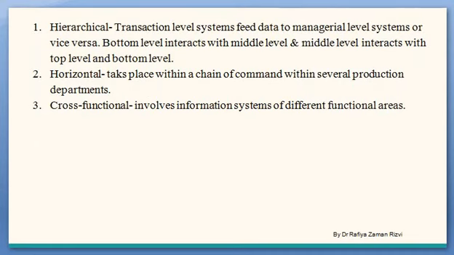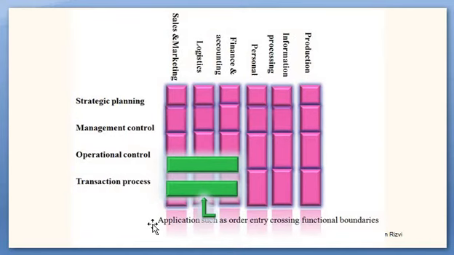Then horizontal interaction, or horizontal integration, takes place within a chain of command, within several production departments. When we talk about horizontal, we can see in this diagram, this lateral way, this means horizontal.